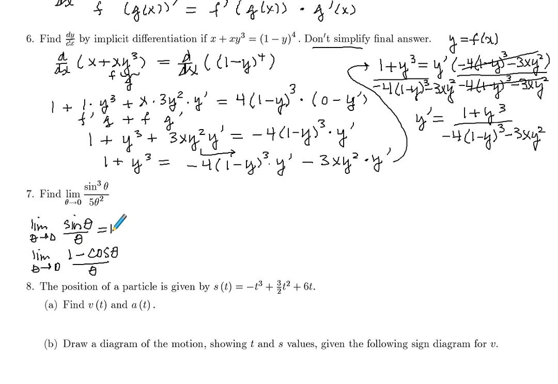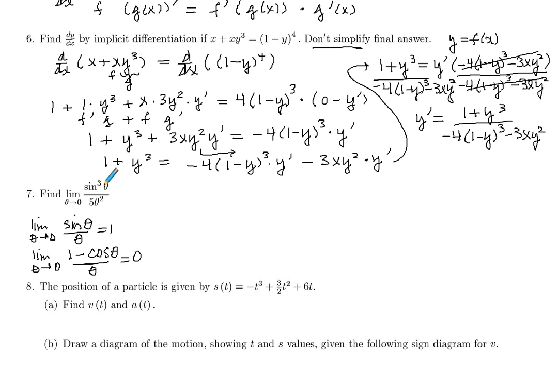This limit was 1, and then the bottom limit was 0. And you sometimes also see this as cosine theta minus 1. It doesn't matter if those are switched because it just is the difference of a negative sign on the top, and the negative of 0 is 0.